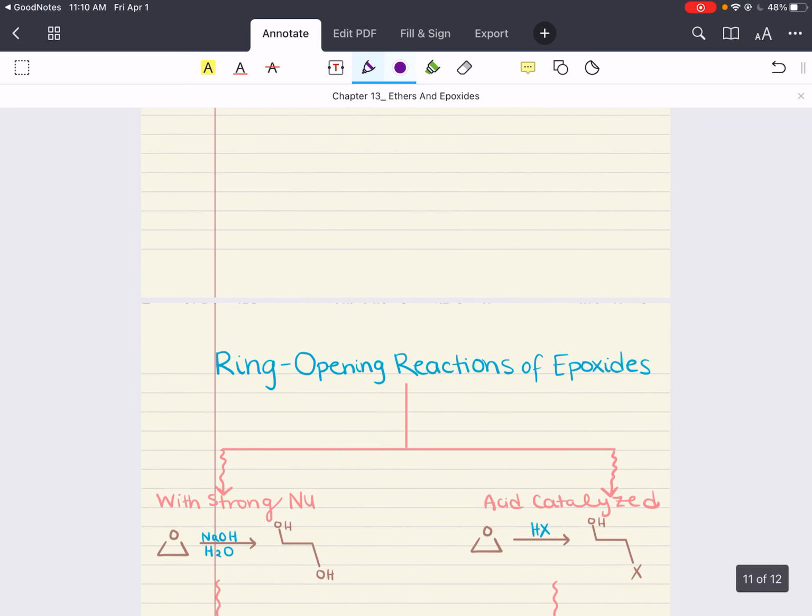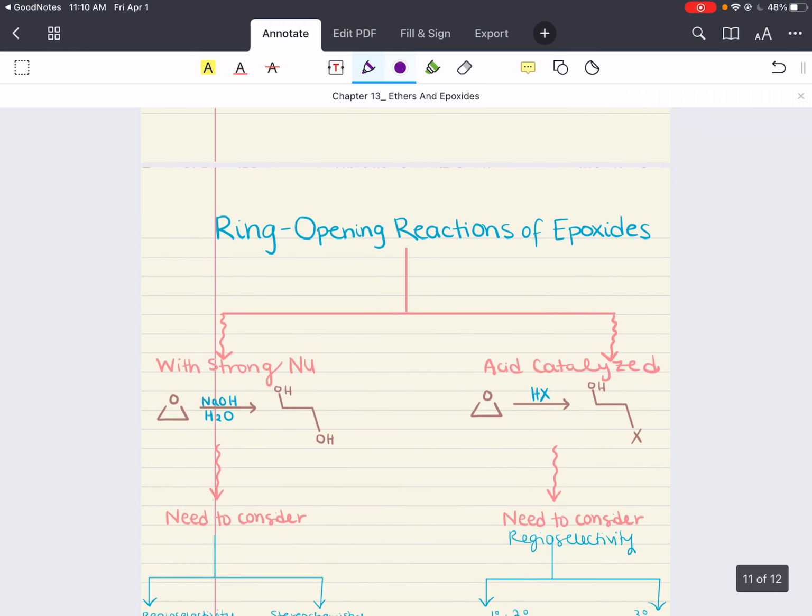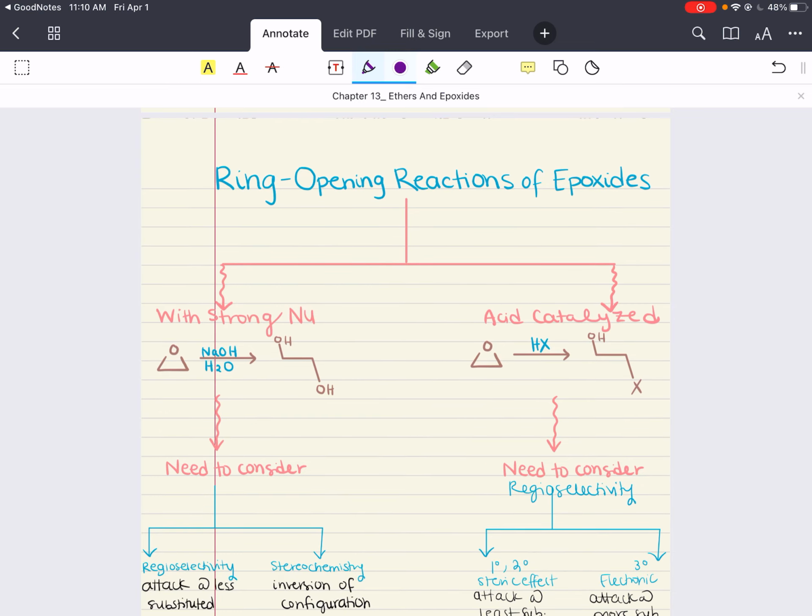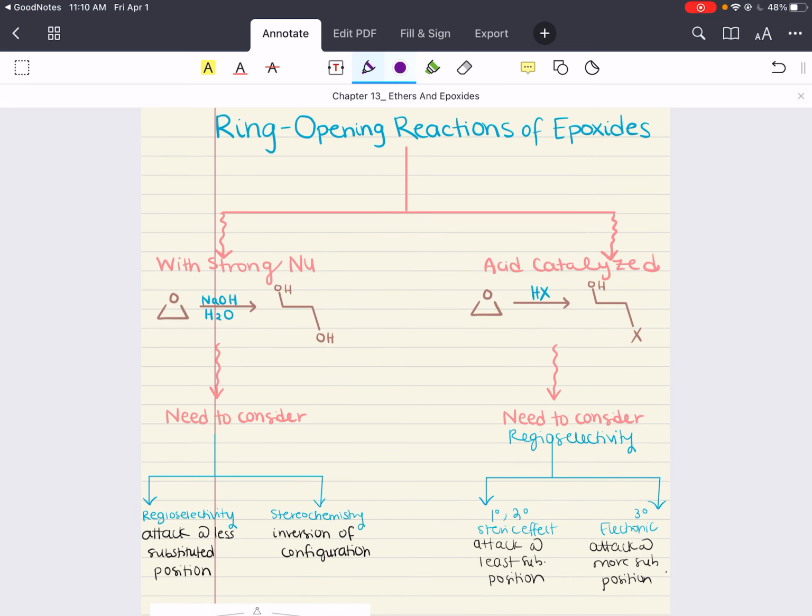But lastly, for this chapter, we want to discuss reactions of epoxides, and we want to focus on ring opening reactions of epoxides. Epoxides, they form this like 3-ring structure, right? Well, believe it or not, they have significant ring strain.